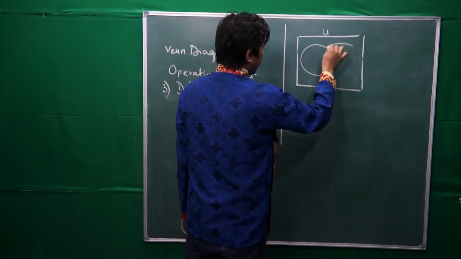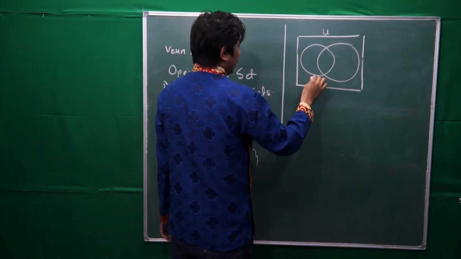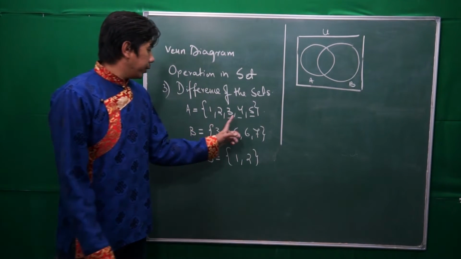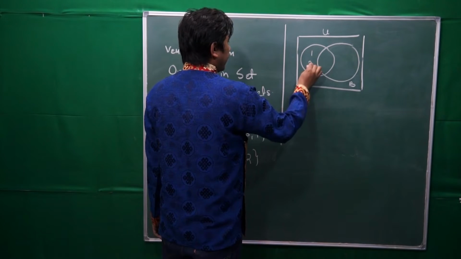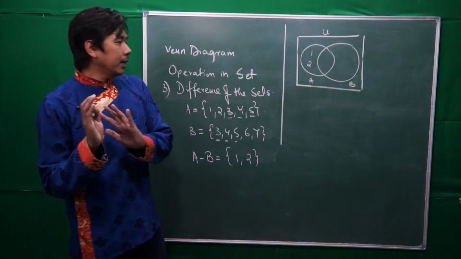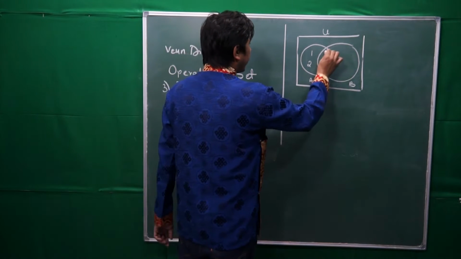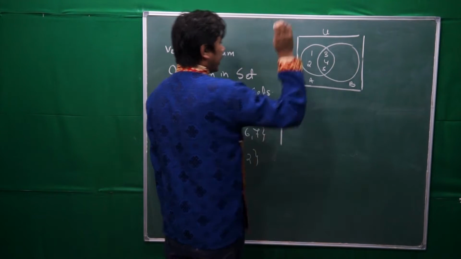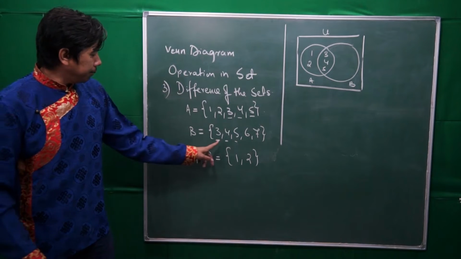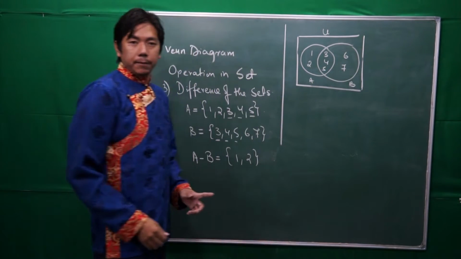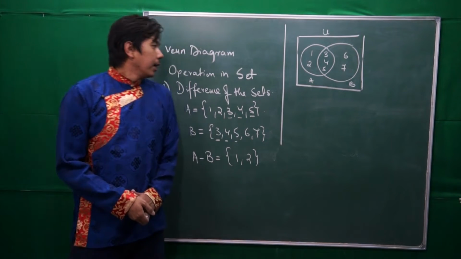Set A, set B. Simple. Set A has elements 1, 2, 3, 4, 5. 1, 2 being the only elements that are exclusively in A. Okay. And 3, 4, 5 are the shared elements with B. 3, 4, 5 being written. 6 and 7 exclusive to B. Simple. Alright.